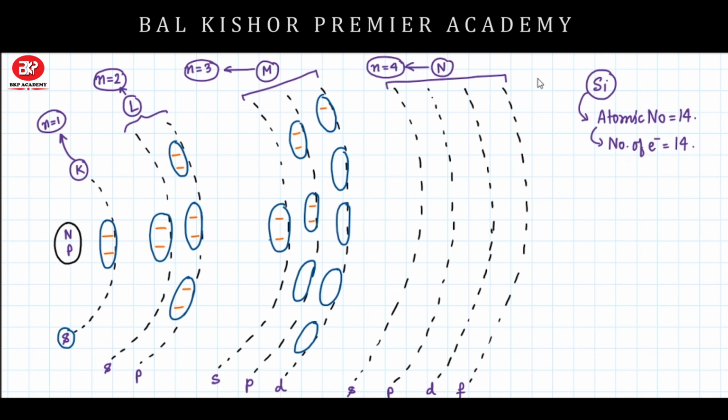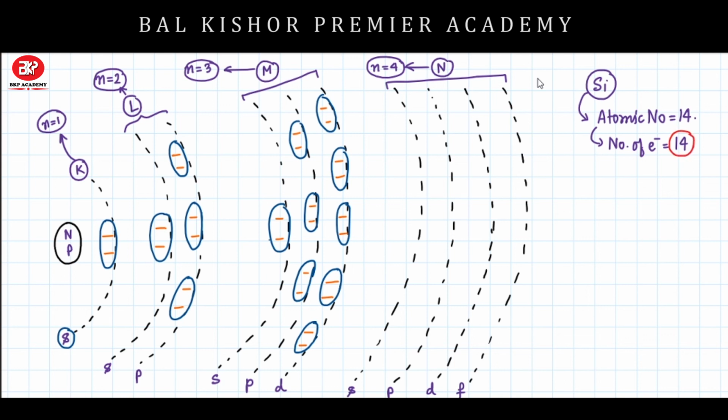These are the energy states. Now we have to put the electrons. We know that there are a total of 14 electrons in the atom.